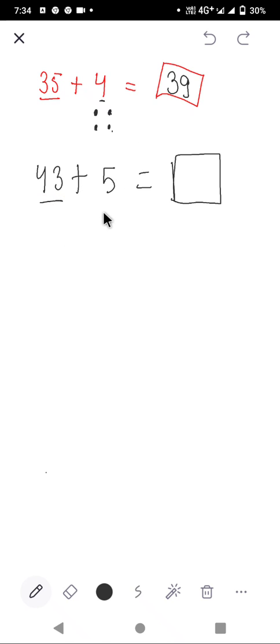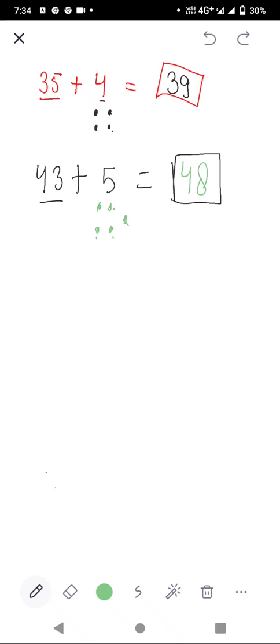How many times? 5 times: 1, 2, 3, 4, 5. So after 43 what comes? 44, 45, 46, 47, 48. So 43 plus 5 is 48. Like this we have to do forward counting.